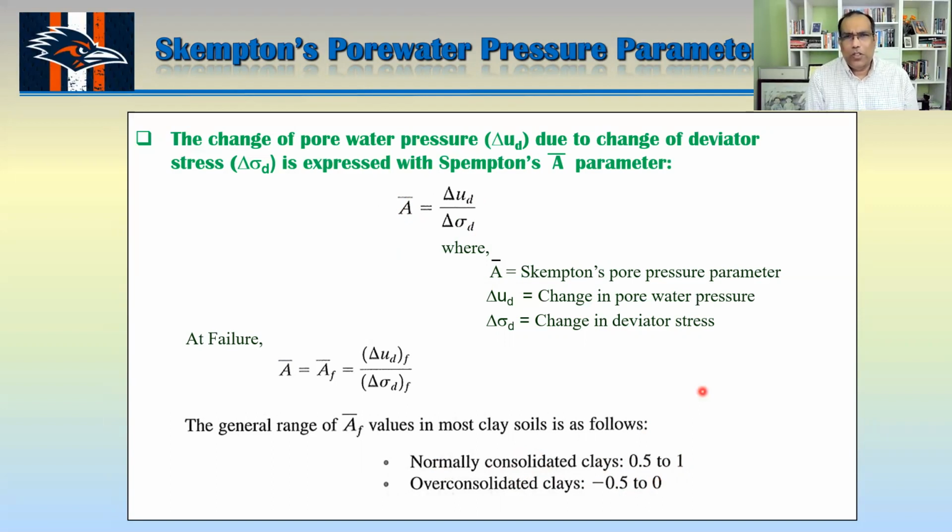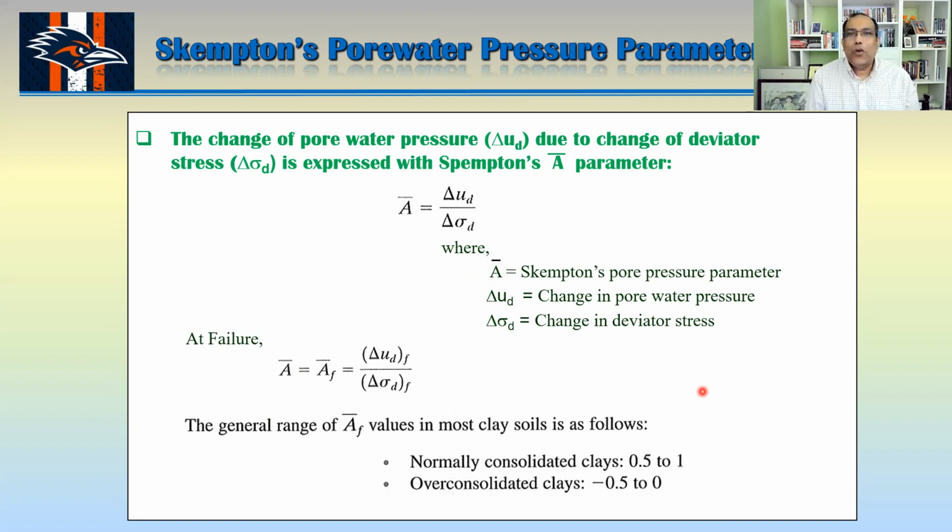You can ask that question. Because for over consolidated clay, when you shear the soil, the volume increases. So that will create some suction there rather than positive pore water pressure. So that's why you will see negative pore water pressure for over consolidated clay.